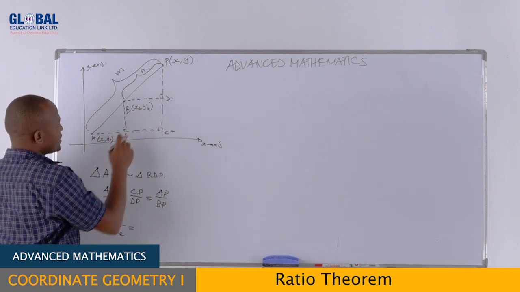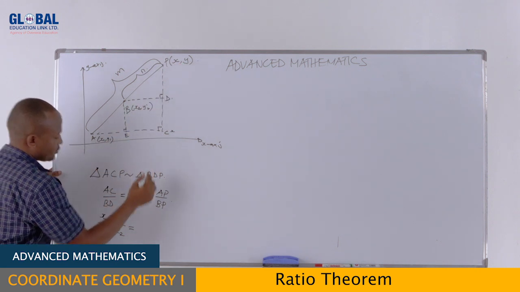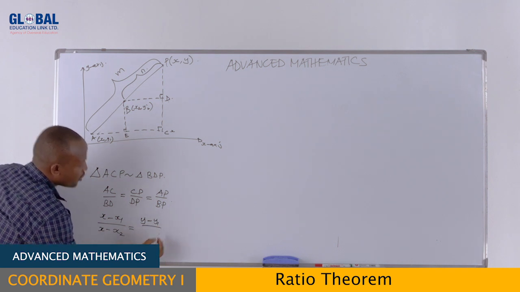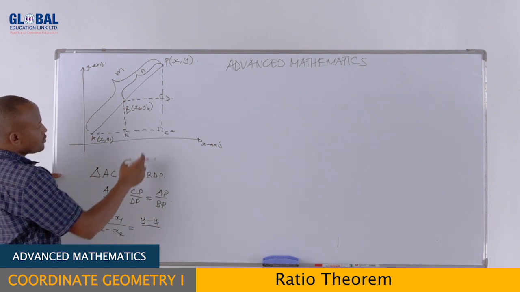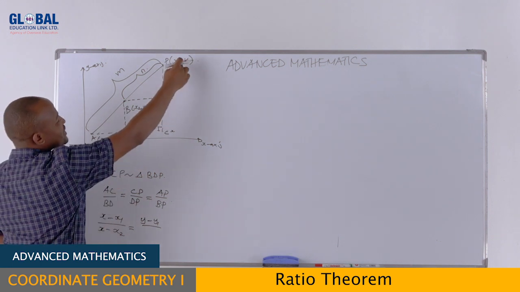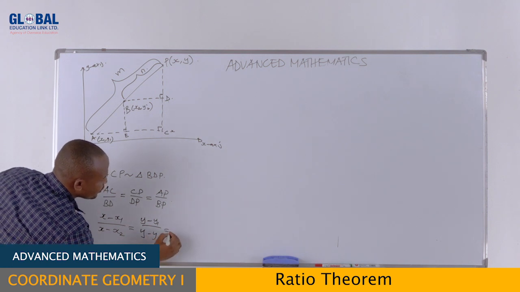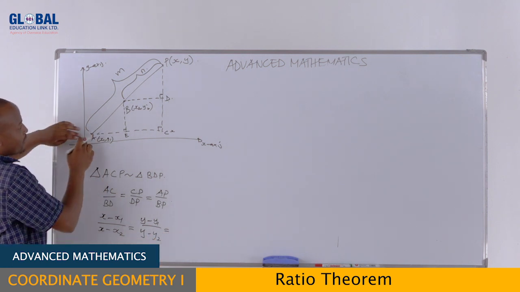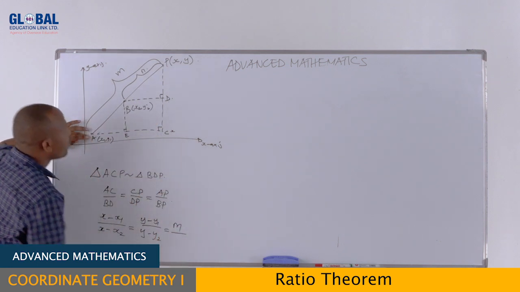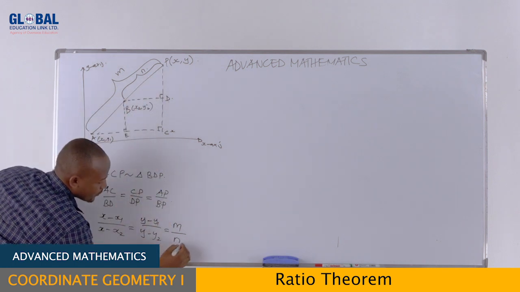That means it's Y minus Y1 over DP. And what is DP? That means it's Y minus Y2, equals to AP from that point to that point, that is M, over BP, that is N.